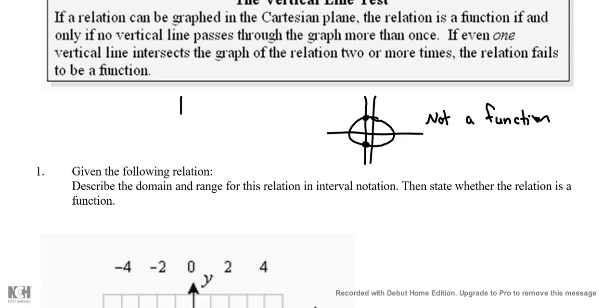On the other hand, say I have the graph of a line. Anywhere I draw a vertical line, I'm only going to hit one time. As long as that is true, I hit 1 or 0 times with every single vertical line. This is a function.